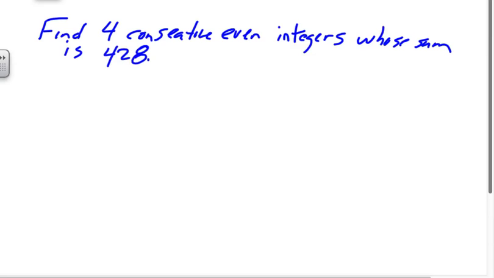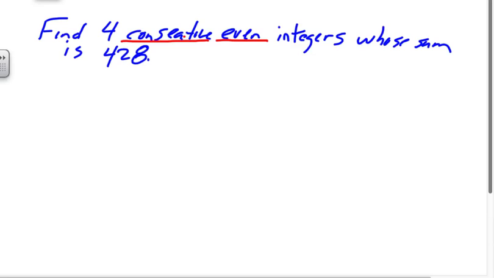Okay, and now you can obviously start plugging stuff in. That's considered the best way to do that. Consecutive and even. Okay, on the last one, we didn't have the even part, we just had the consecutive part.